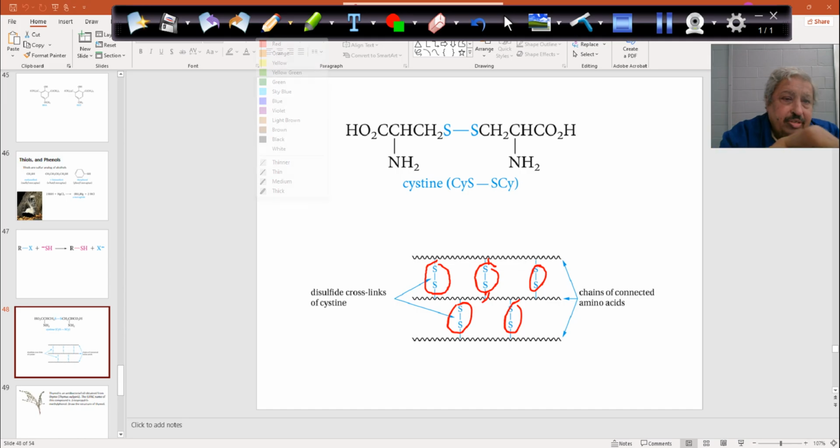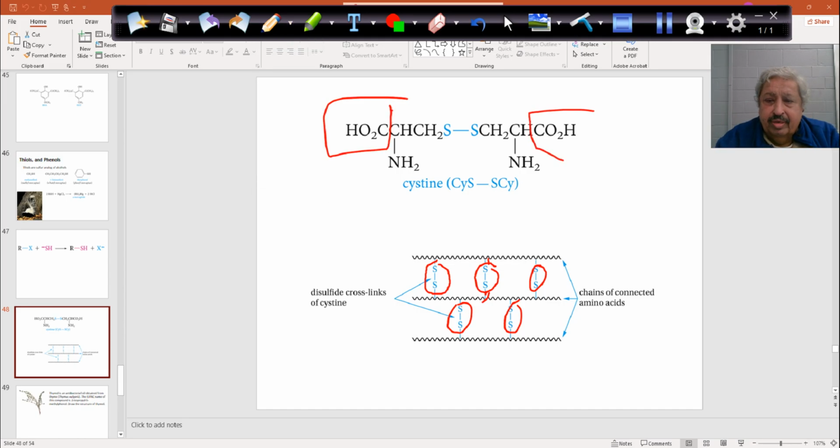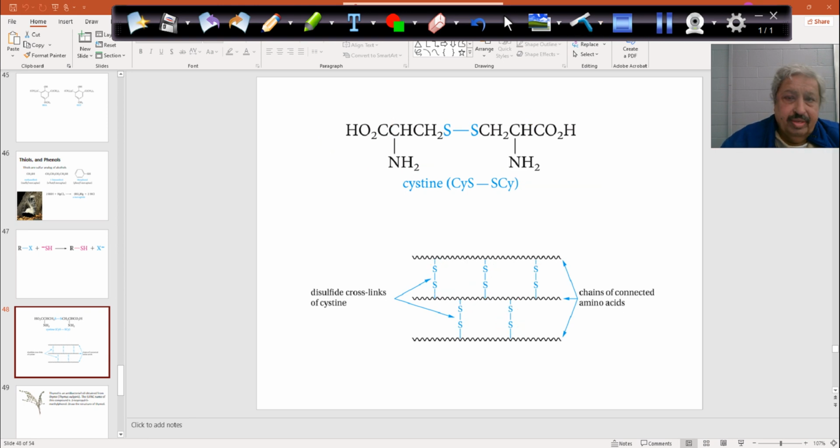So that's a cysteine, an amino acid. Why is it an amino acid? This is the carboxylic acid here, and this is the amino group here, and this is called the cysteine amino acid. And the sulfur bridge is used to stabilize this amino acid. Somebody tell me where we can see those types of amino acids.